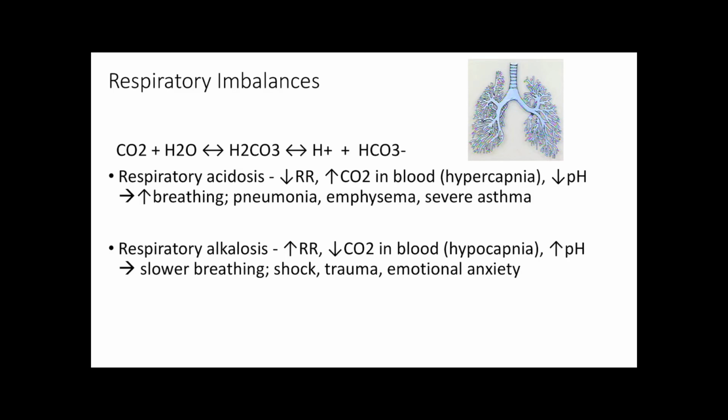So, let's consider the role of the respiratory system here and its relationship to the pH of blood and body fluids. As you have learned about previously, this chemical reaction is very, very important and one of the main reactions that help to adjust and manage the pH levels in the blood and body fluids.